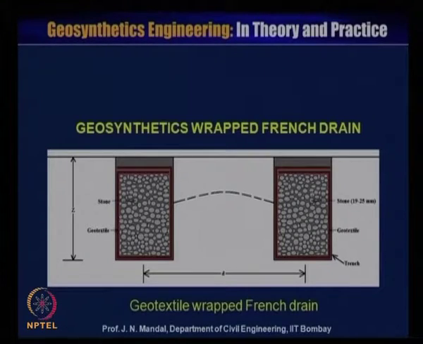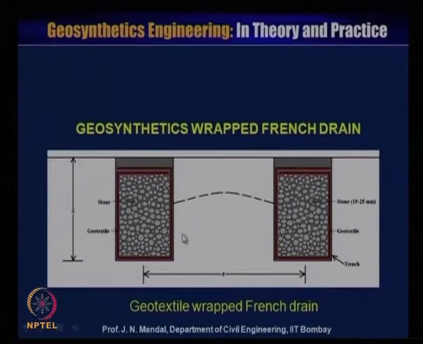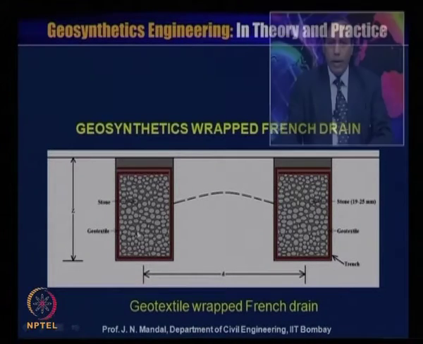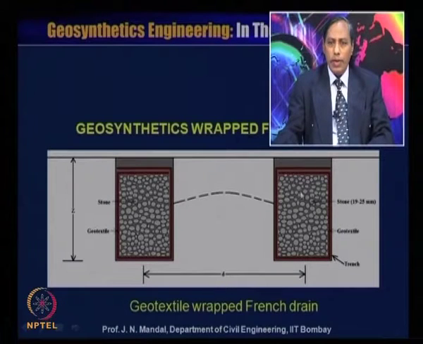Next, we will address the geosynthetic wrap trench drain. Here you can see this is a drain, this is another drain, and this red is the geotextile material. It is placed like this and then overlapped like this.